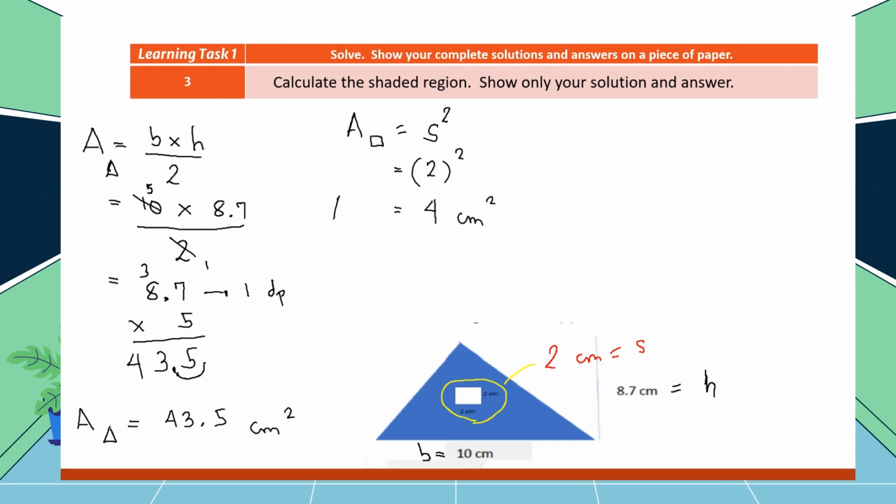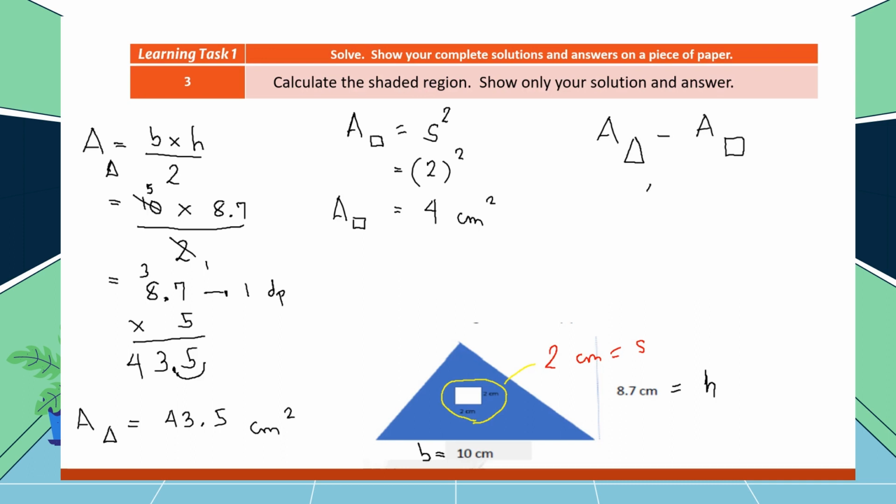So, ito ngayon ang area of the given square. Okay? At upang malaman ang final answer at malaman ang area ng shaded region, from the area of a triangle, subtract natin yung area ng square.